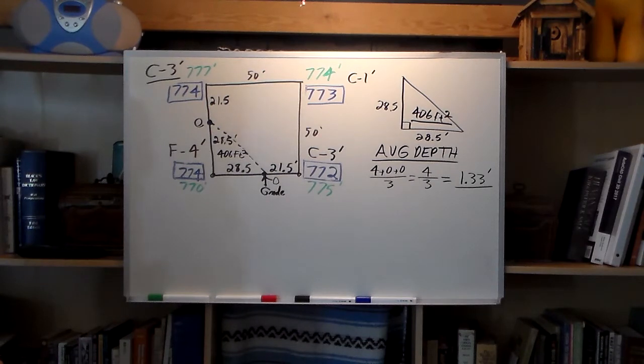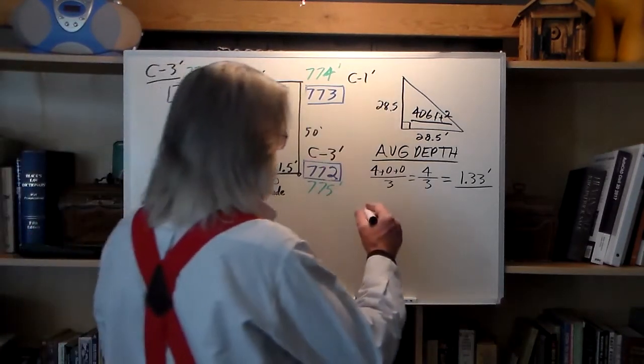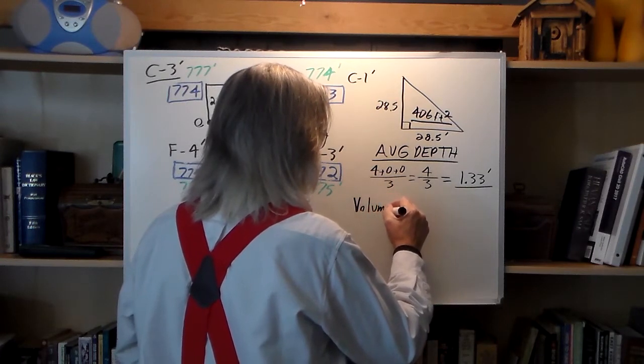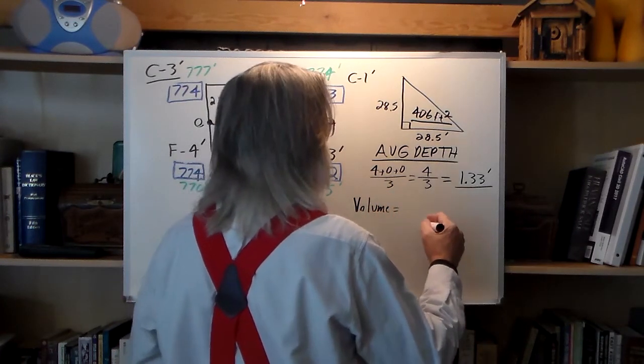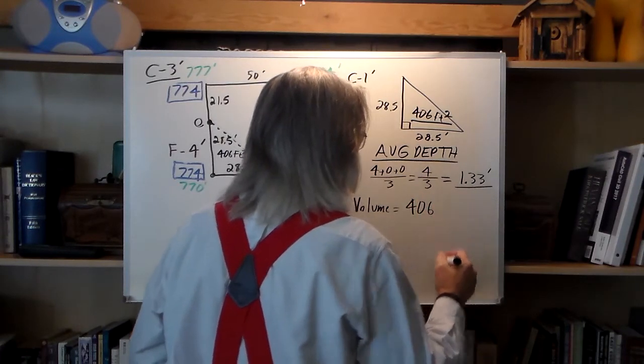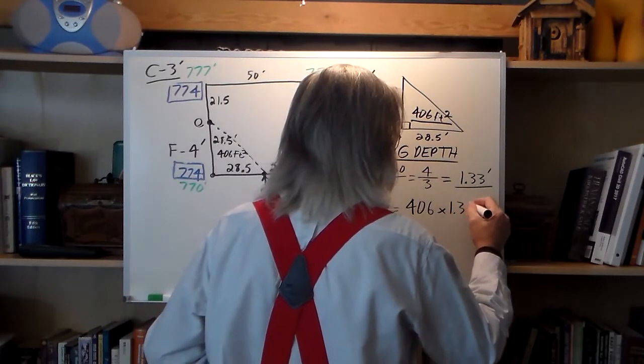Now, what is our area? 406 square feet, right? So our volume is going to equal 406 times 1.33.